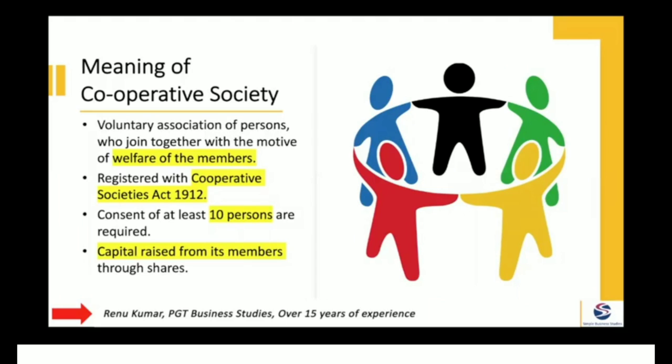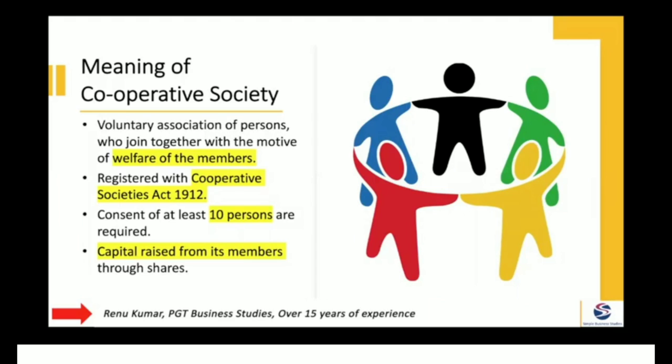Registration is a must. We have seen in the previous three types of business enterprises: in sole proprietorship, registration is optional, it is not necessary. In partnership also, registration is advisable but not a necessary condition.